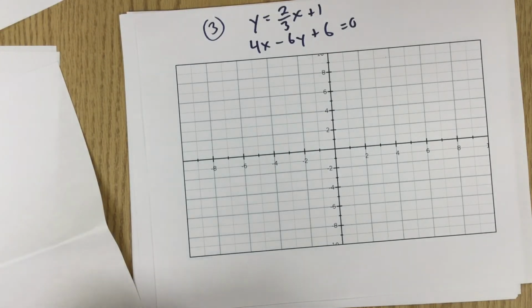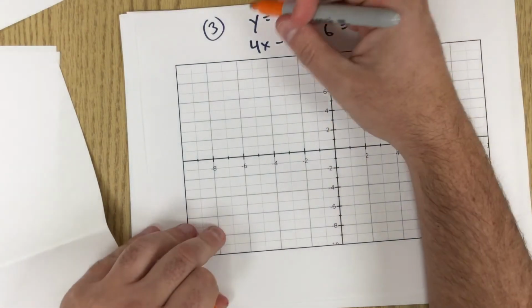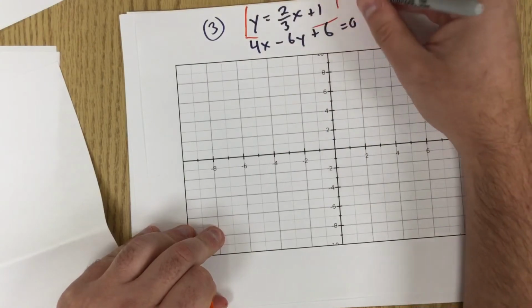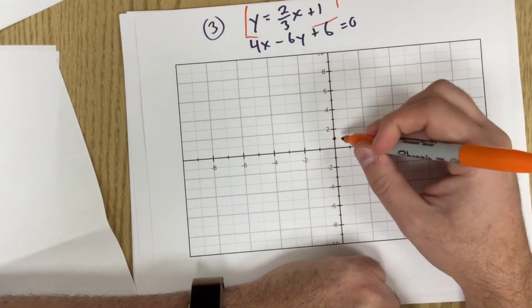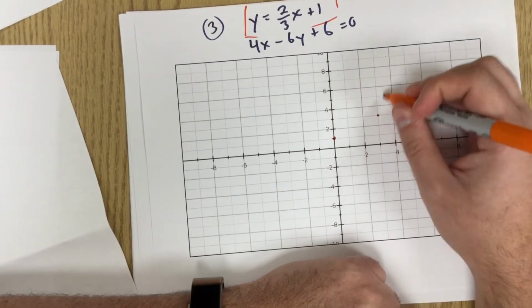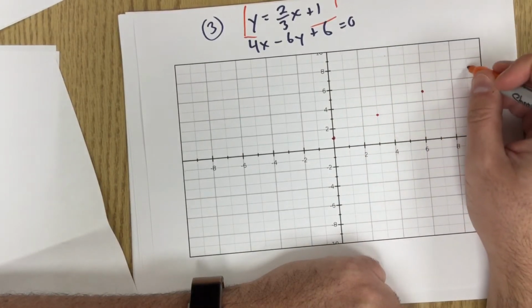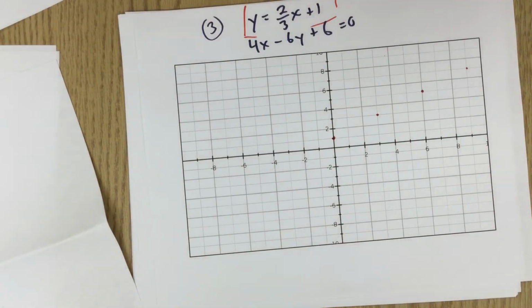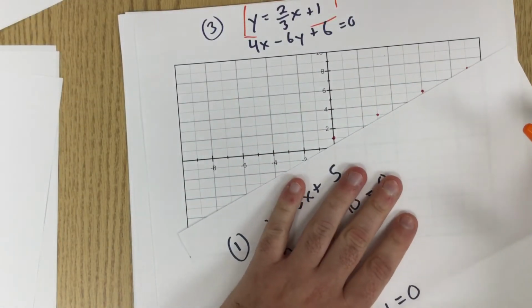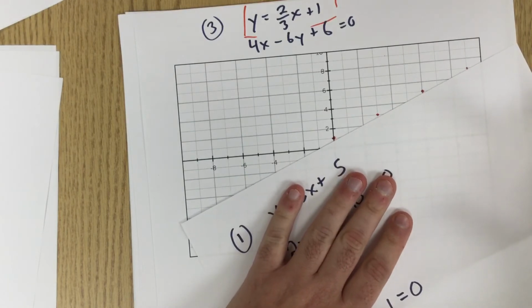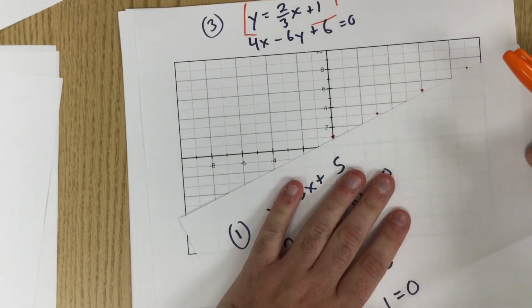That one's fairly straightforward. I'm going to do the top one in orange. So we start at 1, then we rise 2, run 3, rise 2, run 3, rise 2, run 3. And then we draw our line using our trusty ruler.